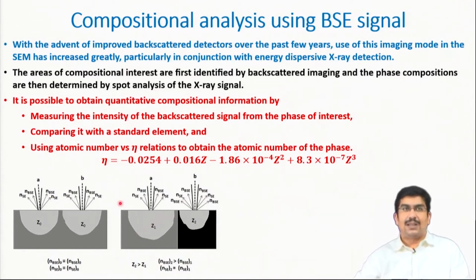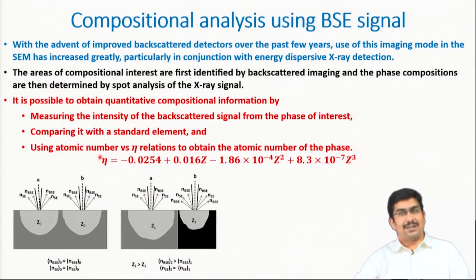From this calibration we can calculate the fraction of aluminum present within this entire region. So, we can get the compositional analysis, we can get the concentration of aluminum as well. We can also cross-check this using this relationship. If it is aluminum, we know what the backscattered electron yield should be.